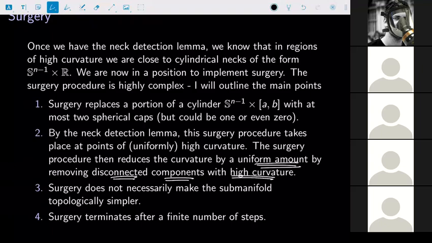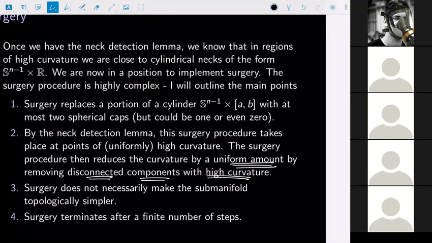And then you have to prove, in what is called the neck continuation theorem, which I haven't outlined here, that in the region you discard after the surgery, that region actually has high curvature. And just to point out, the surgery doesn't make the submanifold topologically simpler. And the last point is that the surgery terminates after finitely many steps.